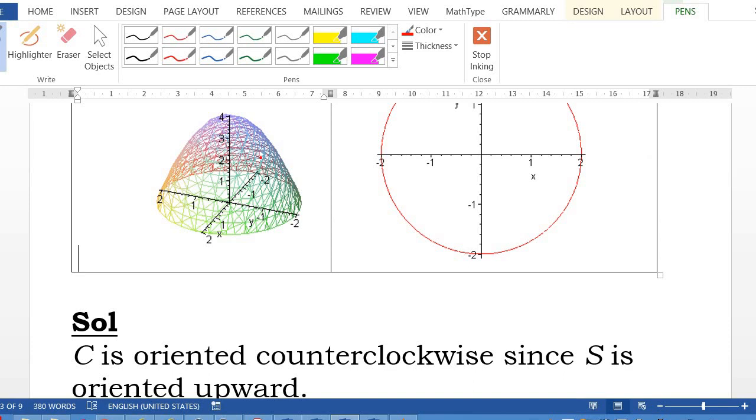Because your unit normal vector is oriented upward, using your right thumb pointing up, the other fingers show that the direction of your curve is anti-clockwise.